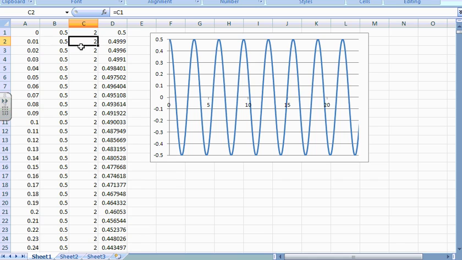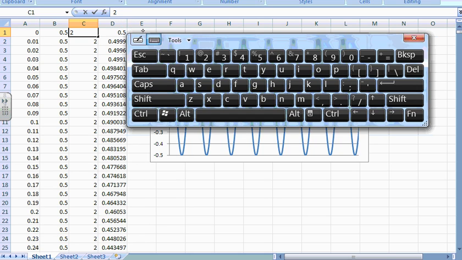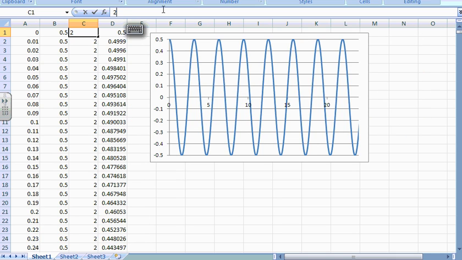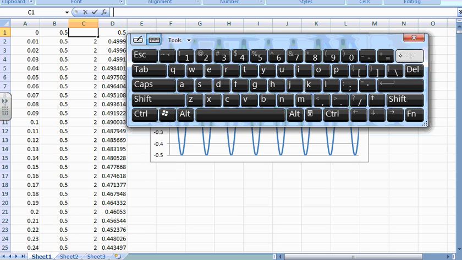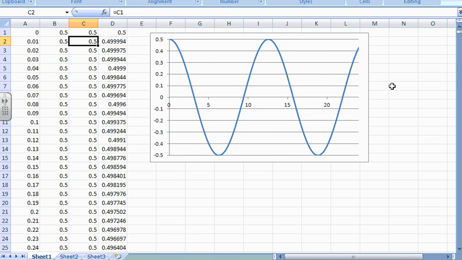Did changing omega have any effect on the amplitude? Nope. And then you could go the opposite way, change this to 0.5. And you get fewer peaks.